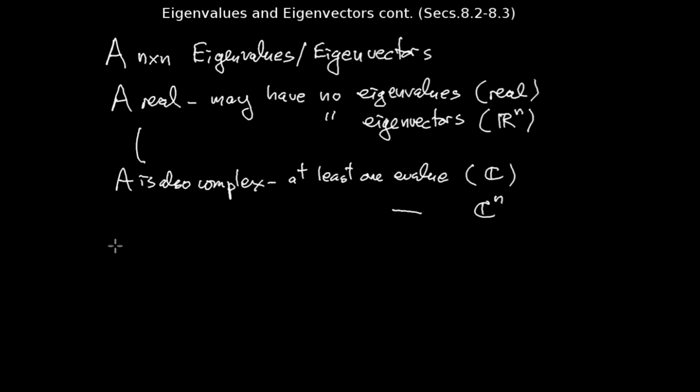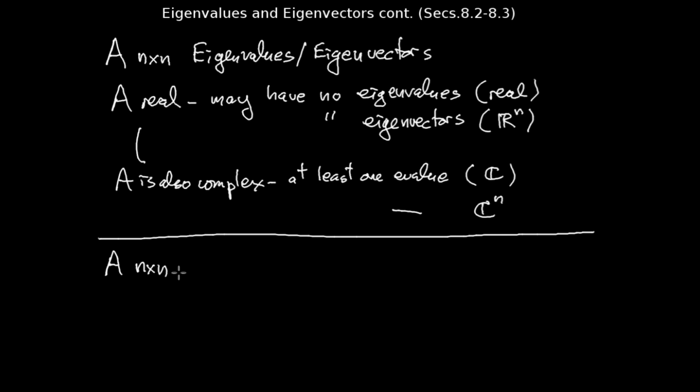Okay, so actually kind of an important example is exactly this situation. Suppose A is n by n real, and it has an eigenvalue lambda, and lambda is not real.